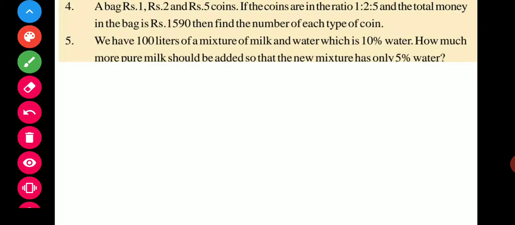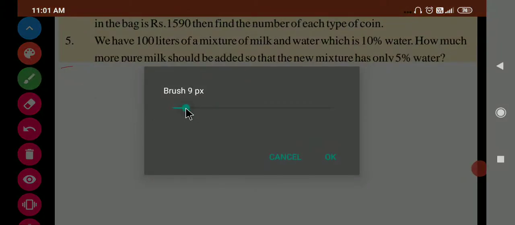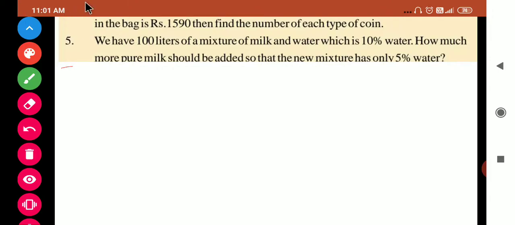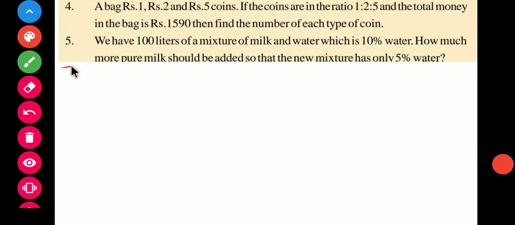First of all, the ratio of the coins is given as 1:2:5. There are 3 types of coins: 1 rupee, 2 rupees and 5 rupees.